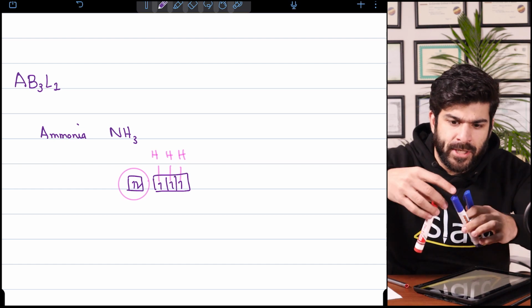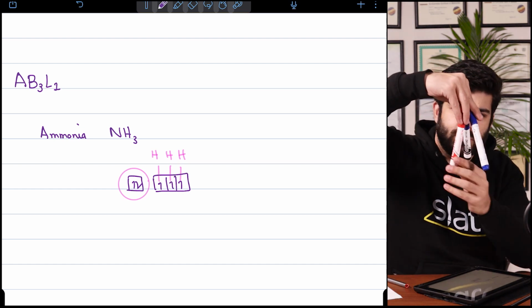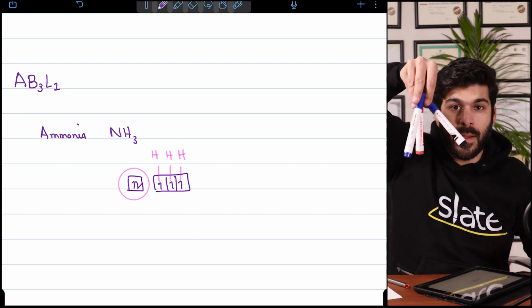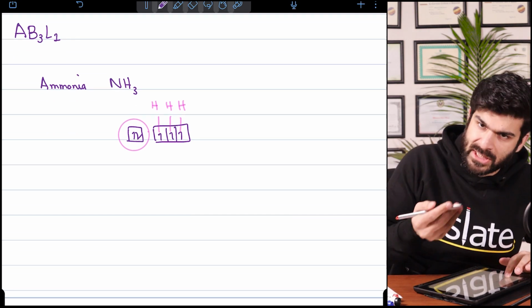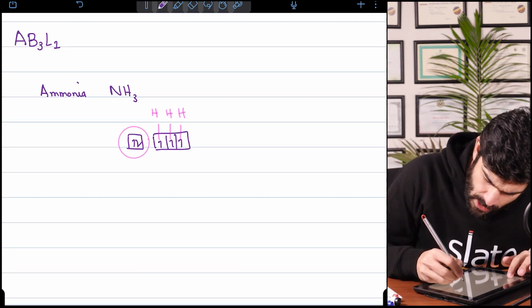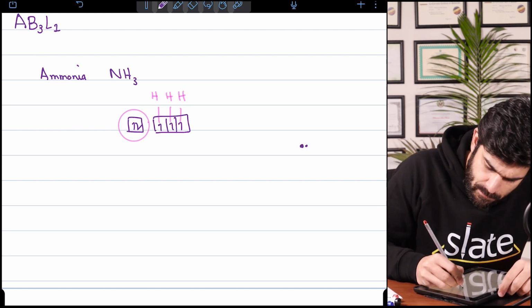And let's look at the shape here. What shape do you see here? This shape, pyramid. So now, students, let's try to make a structure. We have nitrogen with a lone pair.